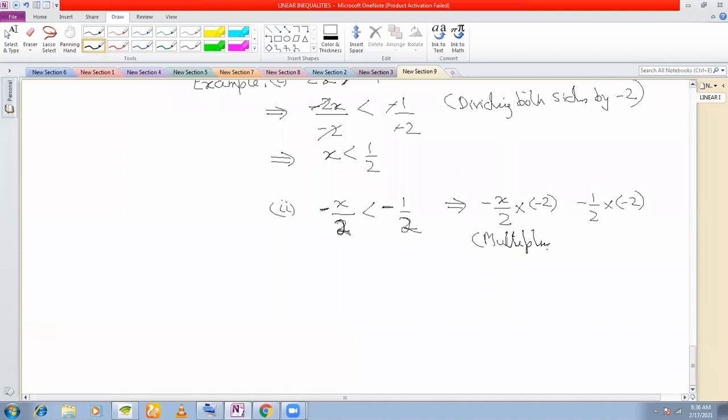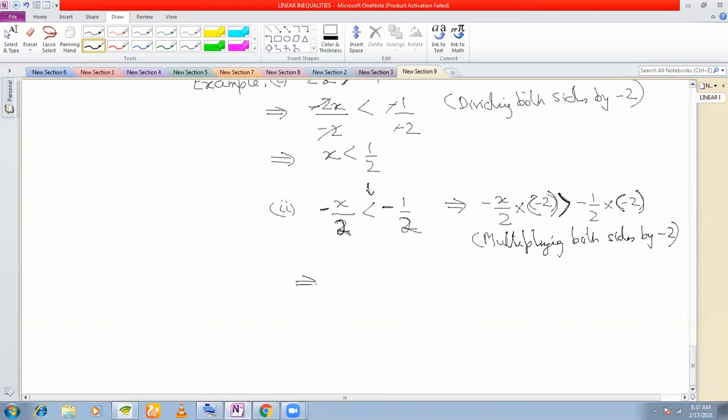Multiplying both sides by -2. Okay. Once I multiply both sides by -2, according to this rule, this less than sign will change to greater than sign.